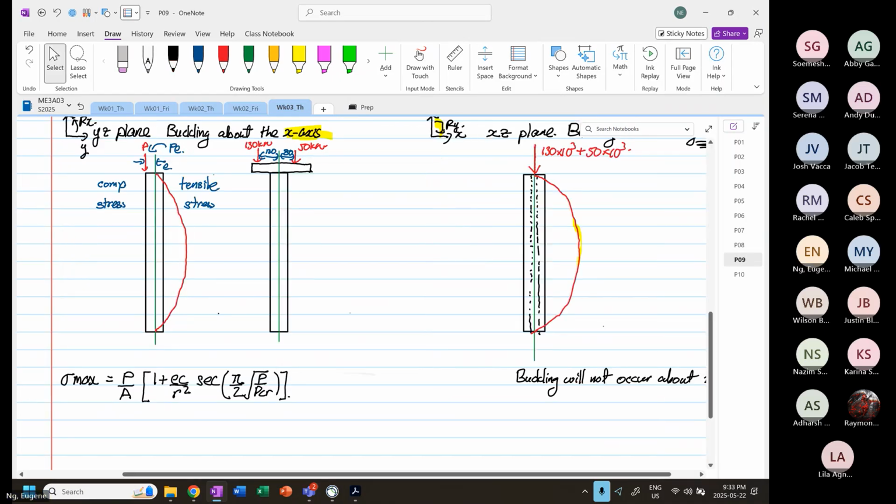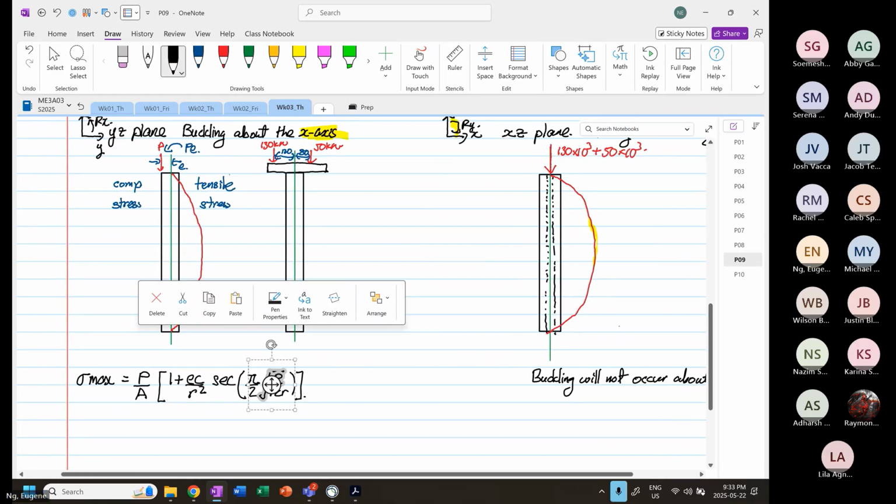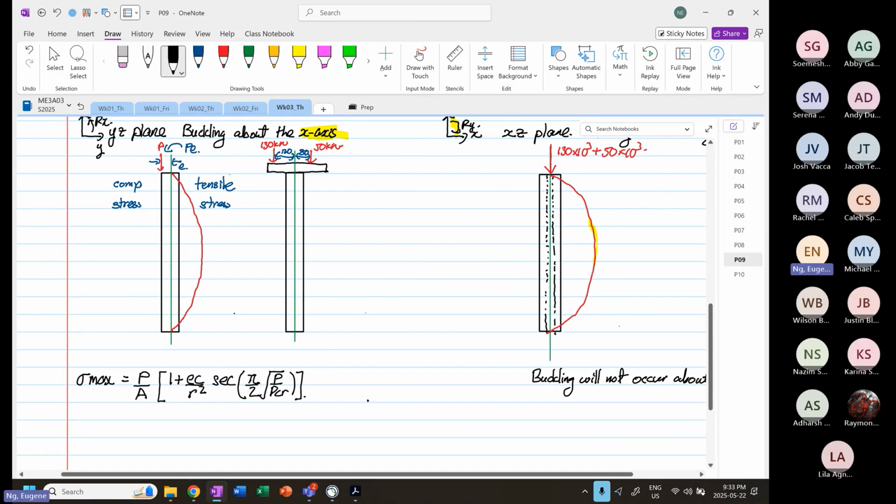Okay, so now we are going to focus on this formula over here. So the first thing we are going to do is I like to determine what is our P, right? And then what is our E, right?